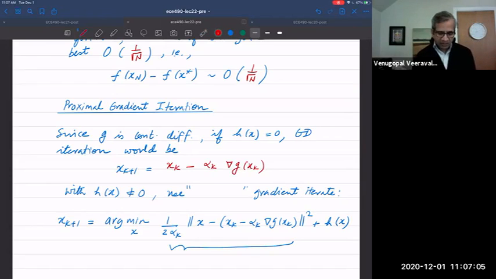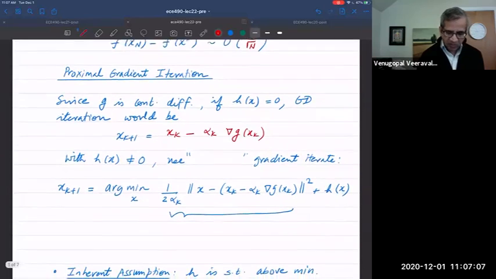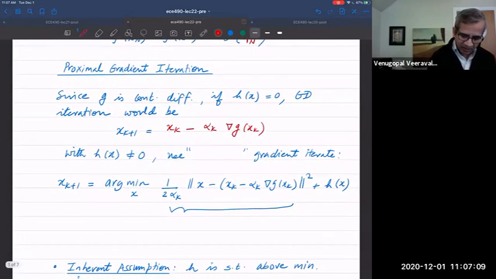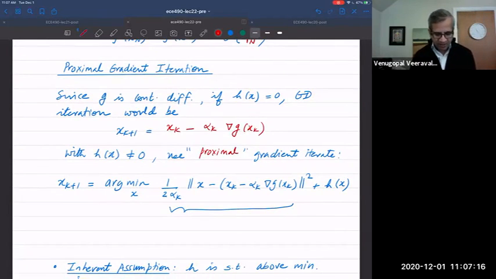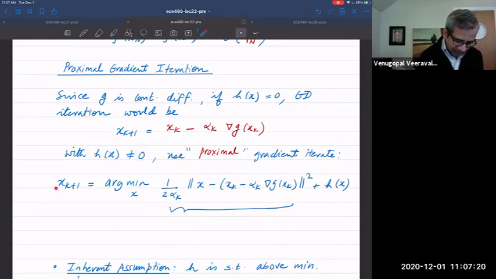So now suppose h of x is not 0? What we'll do is use a proximal gradient estimate. What do we mean by proximal? We let xk plus 1 minimize h of x.